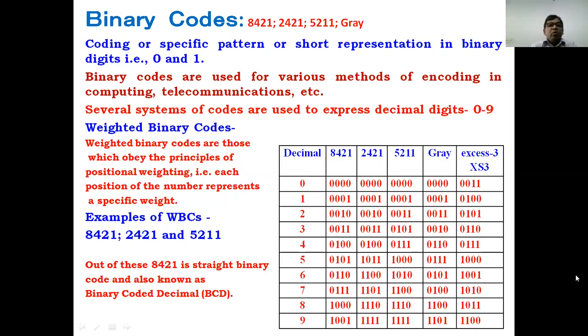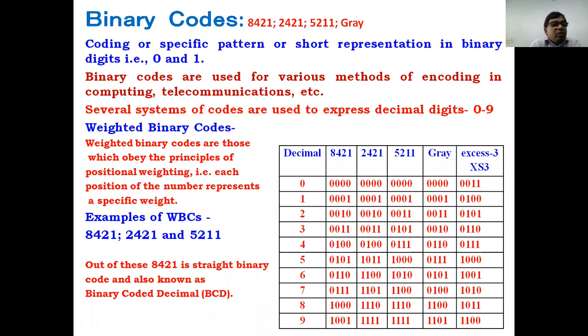Actually, what we are going to do in binary codes is represent decimal 0 to 9 in the various codes. These codes can be categorized basically into two groups: weighted binary codes and non-weighted binary codes.